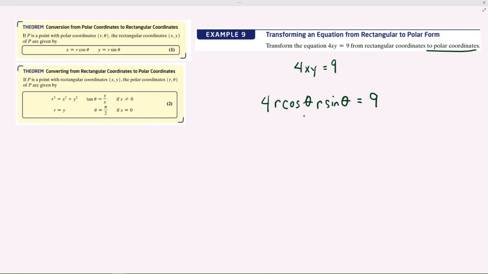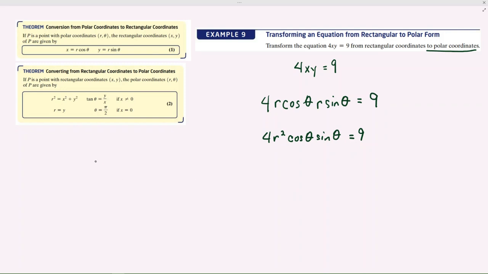And so let's simplify this. I've got r times r in there, so we can bring that out as 4r squared cosine theta sine theta is equal to 9. Now there is something else we can do if we recognize it.